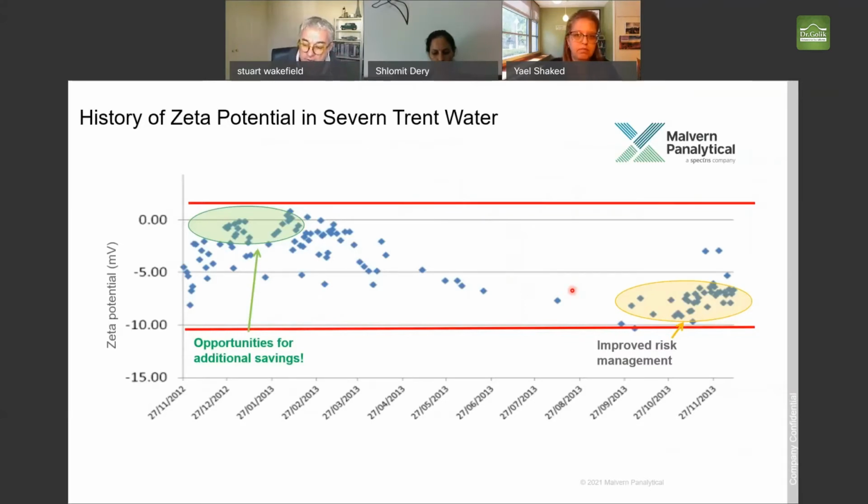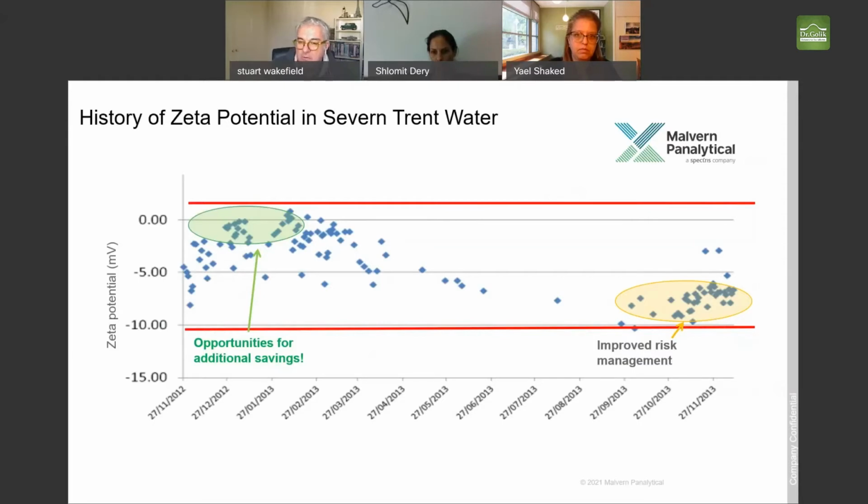This one is from a more northern part of the UK, where there's a lot of mountains, etc. And originally, as you can see, between November 2012 and typically April 2013, so this is the winter season, there are always a lot of changes in the water quality because you've got lots of storms, lots of rain, runoff from the mountains, etc. And you can see that they were trying to optimize their Zeta Potential parameters, or flocculation rate if you like, between this kind of +3 and -10. And you can see there were some dramatic changes.